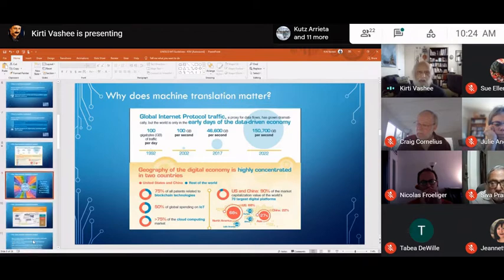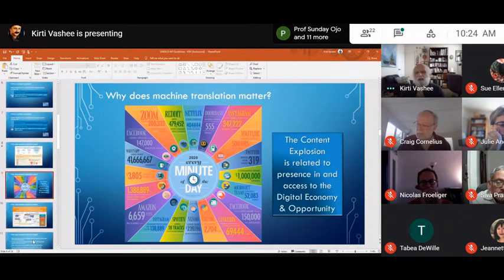Now, this matters because there's so much information being created every day, and this chart just shows you, this is a chart that this company produces on an annual basis, so every minute of the day, there are 208,000 people participating in Zoom meetings.